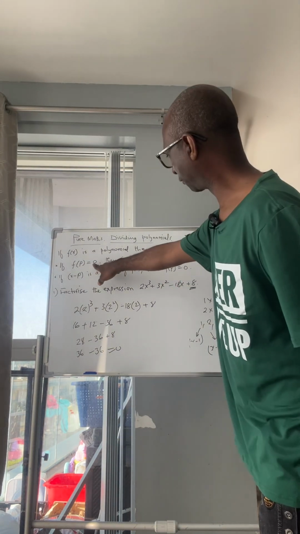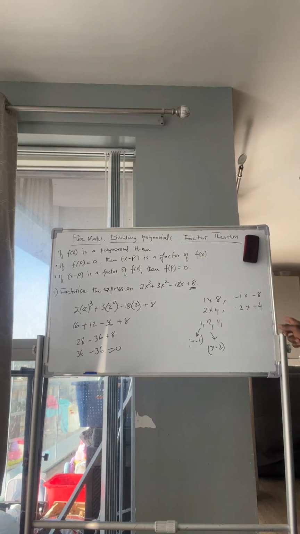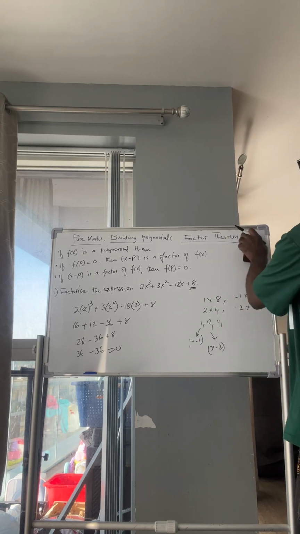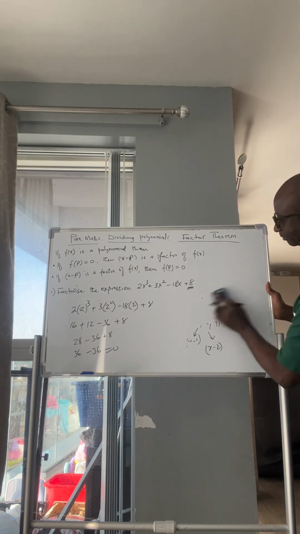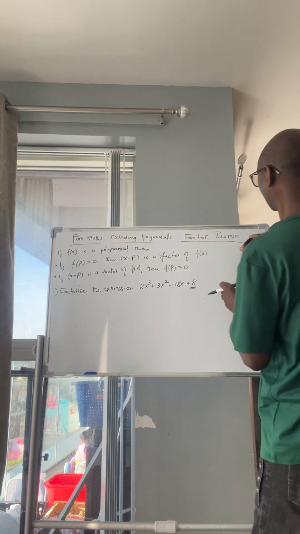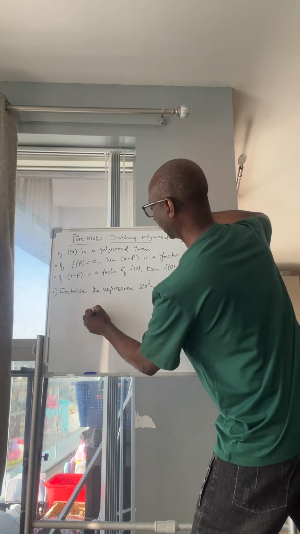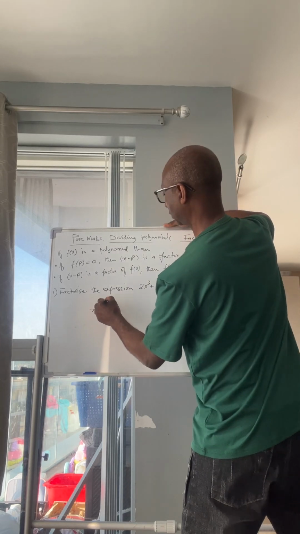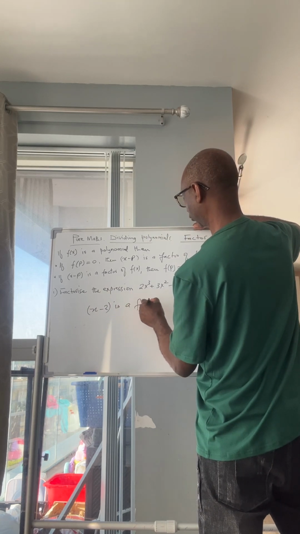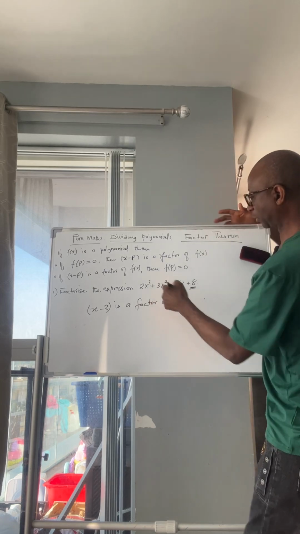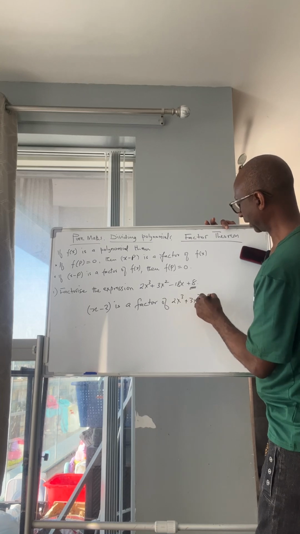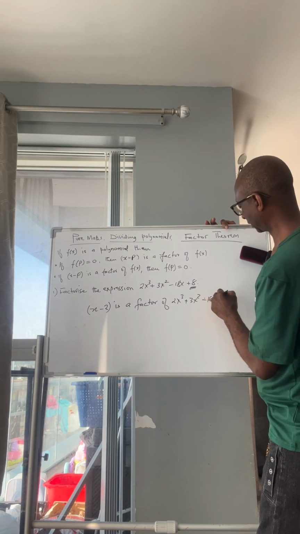So if f of p is 0, then x minus p is a factor. Now we have f of p is 0, so it means x minus 2 is a factor. So what does that mean? We now know that x minus 2 is a factor of this function 2x cubed plus 3x squared minus 18x plus 8.